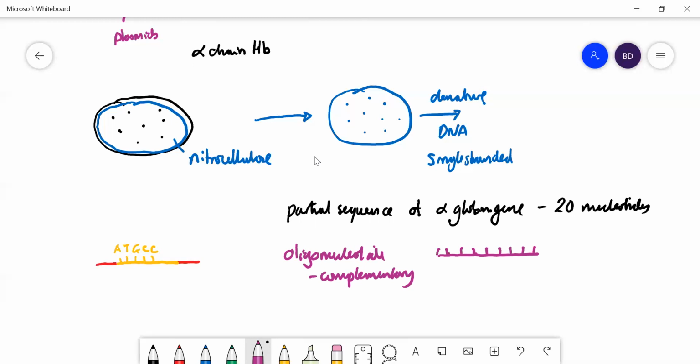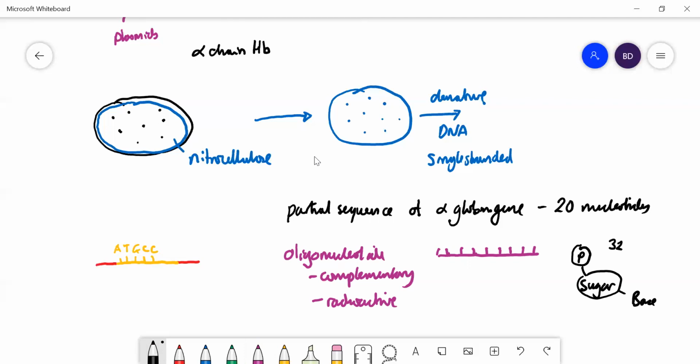And you make that radioactive. Nucleotides are, of course, made up of sugar, base, and phosphate. And instead of using normal phosphorus, you use 32.